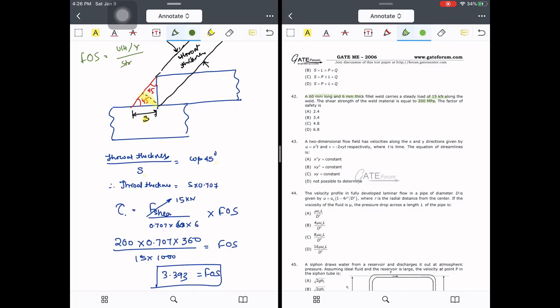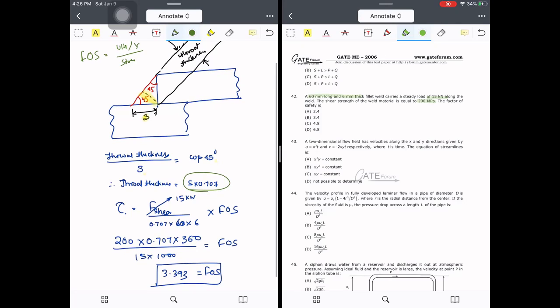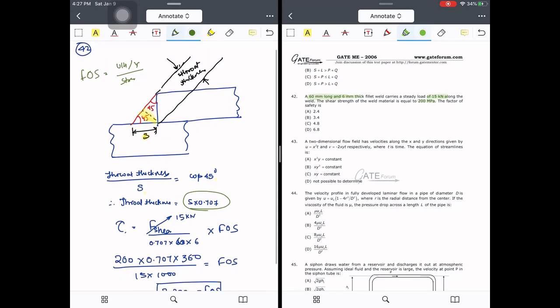Factor of safety is equal to the ultimate stress or yield stress divided by the stress that is required. So what is the stress that is given here? This is the throat thickness. The force that is given here is 15 kilonewton.